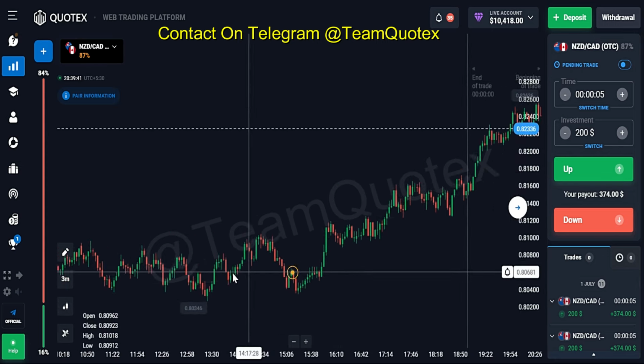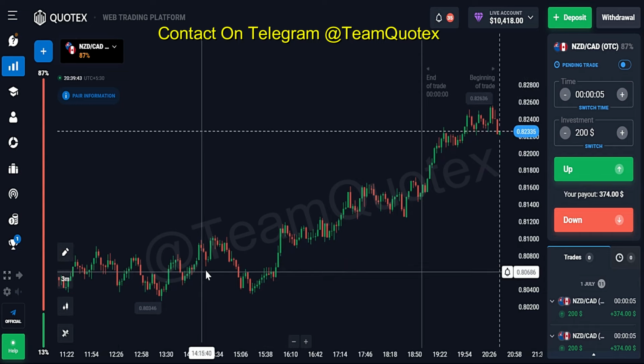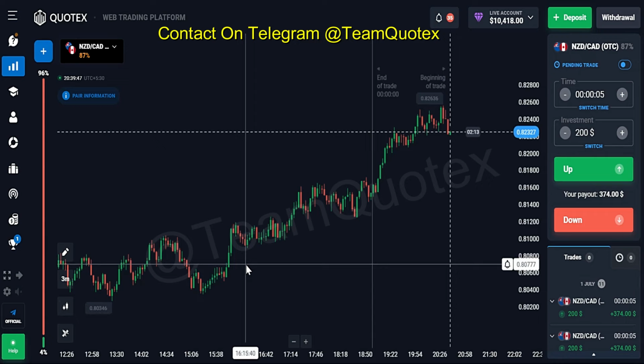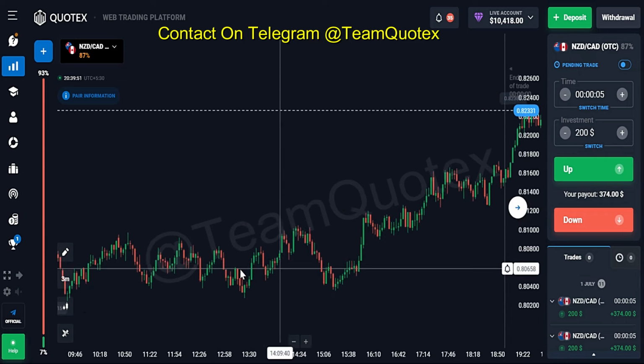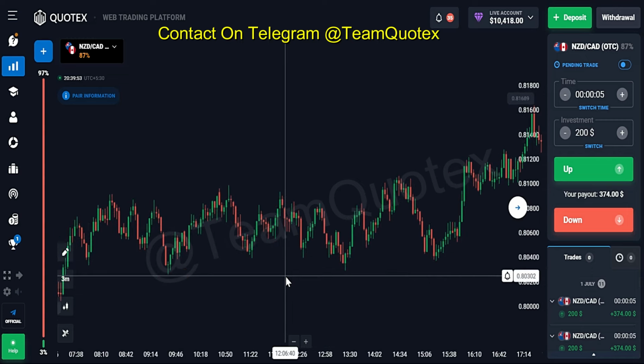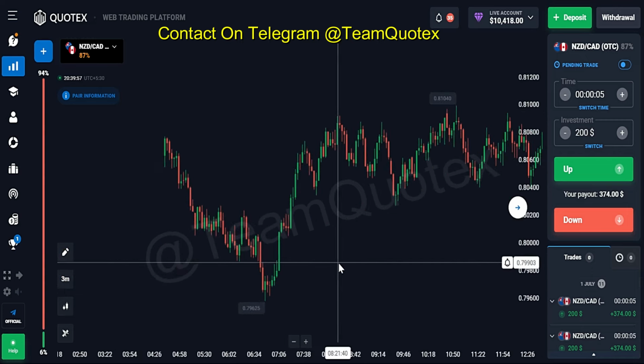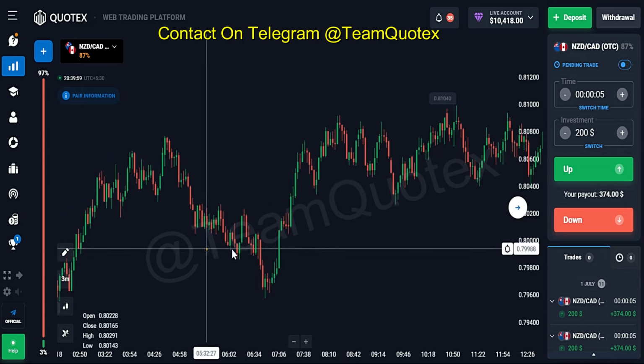So guys, today I will share one of the best working trading strategies. This is the alligator trading strategy for the Quotex trading platform. Whether you are a beginner, an intermediate, or an experienced trader, by using this trading analysis you can increase your winning ratio and make huge profit.